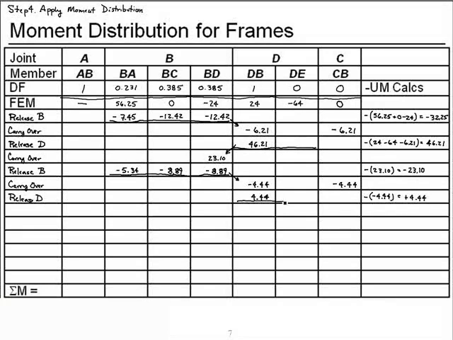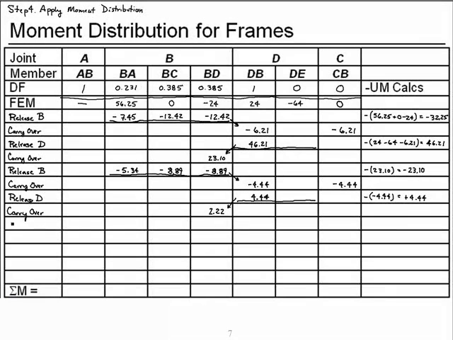And so node D is once again in equilibrium. We clamp it back down, but we get carryover to the B end of the member, and half of 4.44 is 2.22 foot kips that carries over.